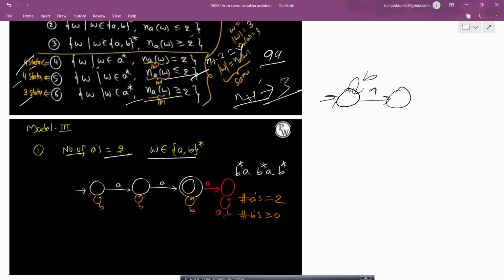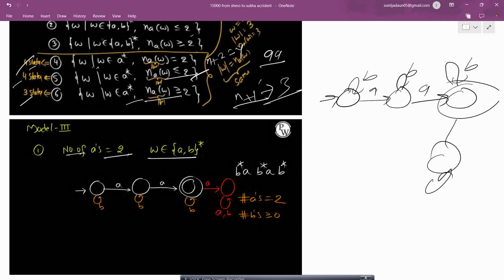Again, if it is B, we will stick to this, and if it is again A, we will accept it. Right? If it is B here, we will stick to it. If it is A, we will go to dead state. Alright? Because this is more than one A in this. So we will do like this.